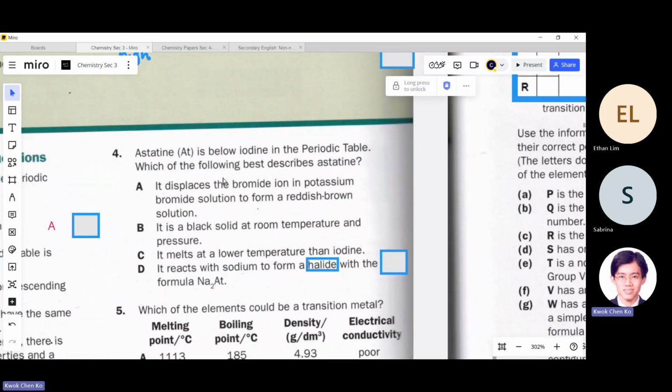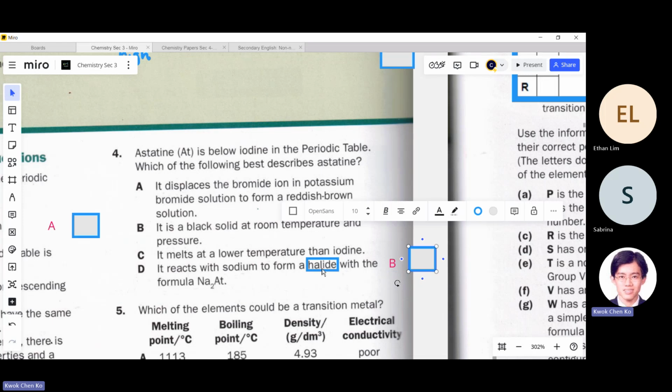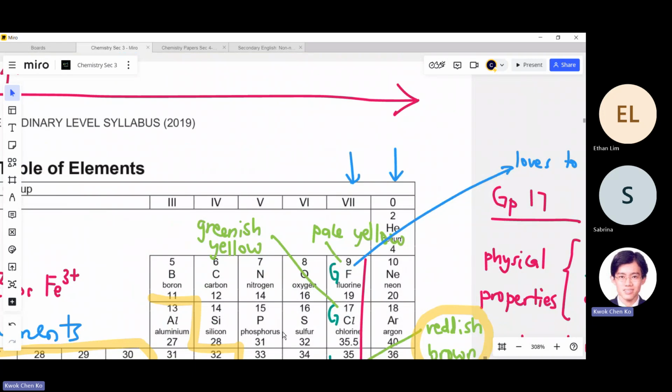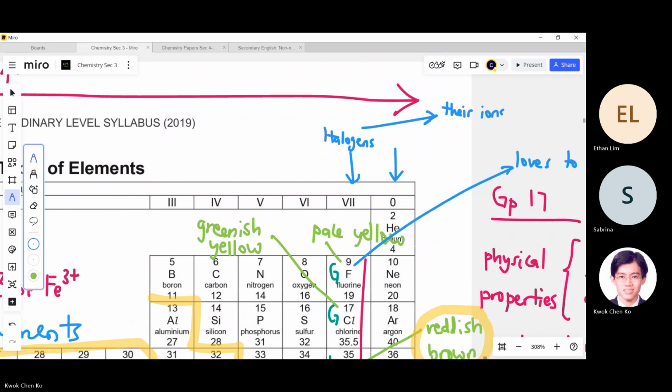B. Esther. Okay, good. Okay, guys, I didn't mention today, even though I mentioned last week. Take note of the word halide. You're supposed to know what it is. Group 17 elements are called halogens, but their ions are called halides.